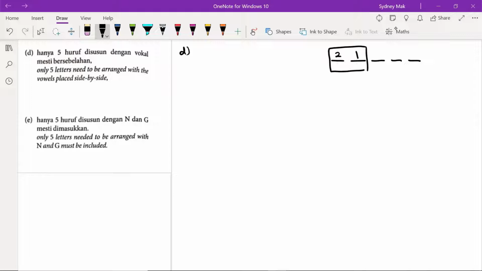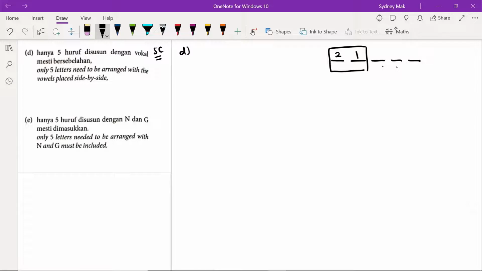And then externally, we still have the remaining 5 consonants. So how do I choose consonants to place here? First, we choose 3 consonants out of the 5. For this part, we may need to use the combination.